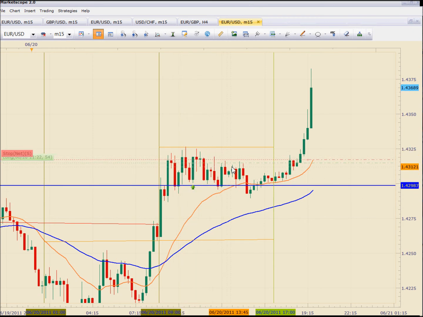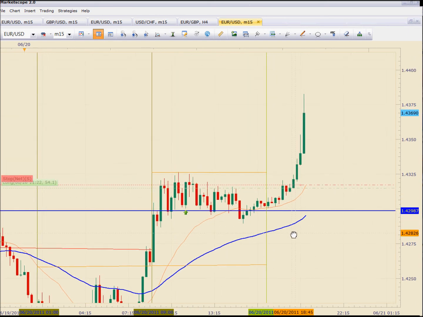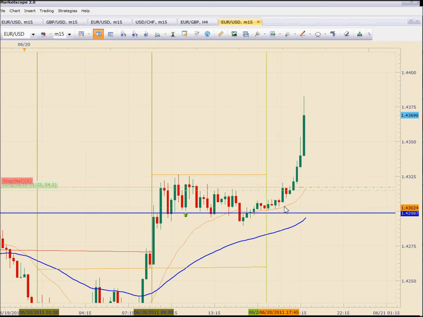And it stays above the weekly close. For the whole time here, it stays above the weekly close. That in itself helped me to keep my eyes open for the upper move.